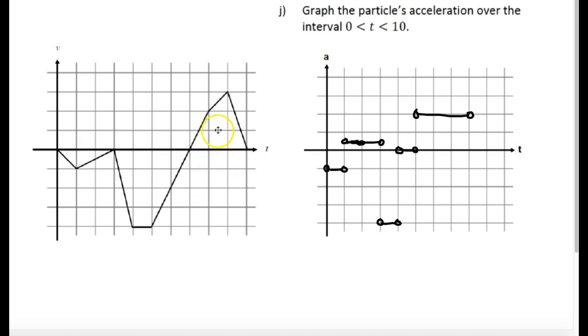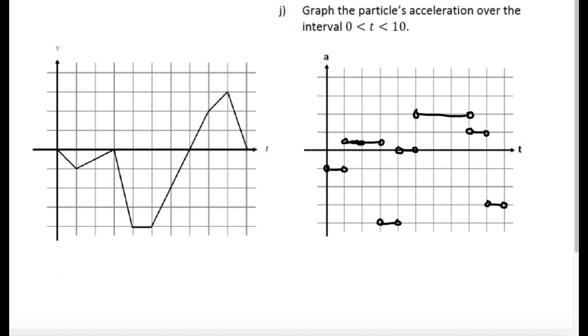Then from 8 to 9, I have a slope of +1. And from 9 to 10, I have a slope of -3. So this would be the graph of my acceleration function. I'm just graphing the derivative of velocity.